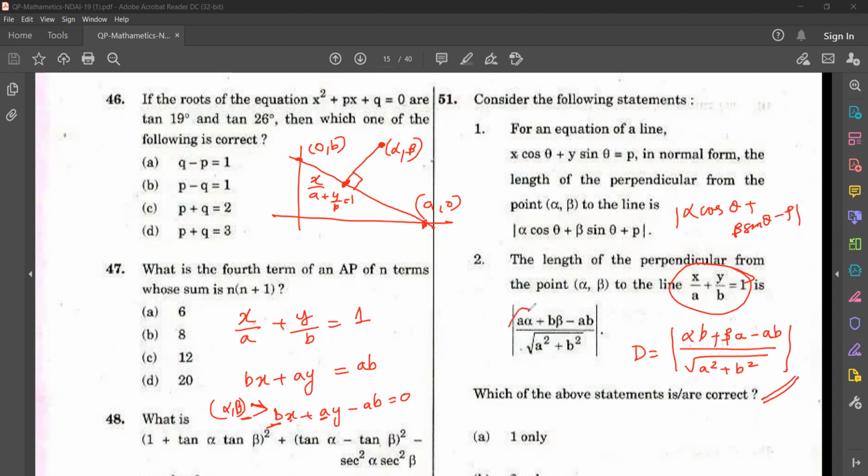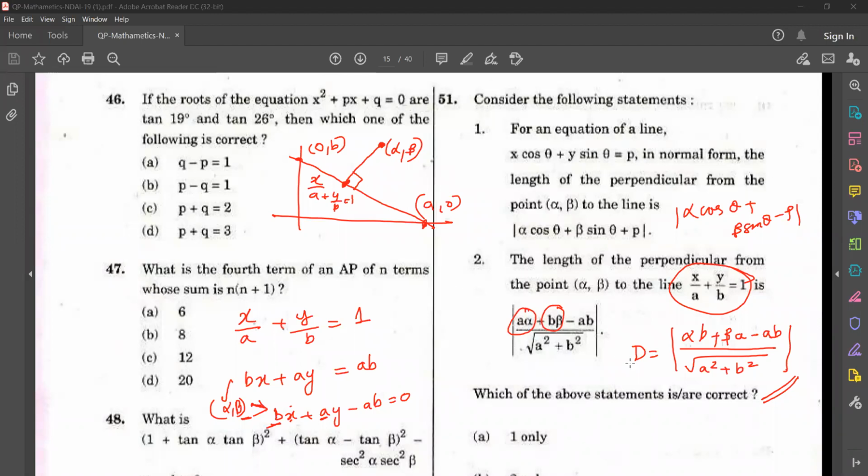But here they have given alpha a, beta b. That is wrong. The x coordinate you have to multiply with the coefficient that comes with x, that is b. So the second statement also we got as wrong.